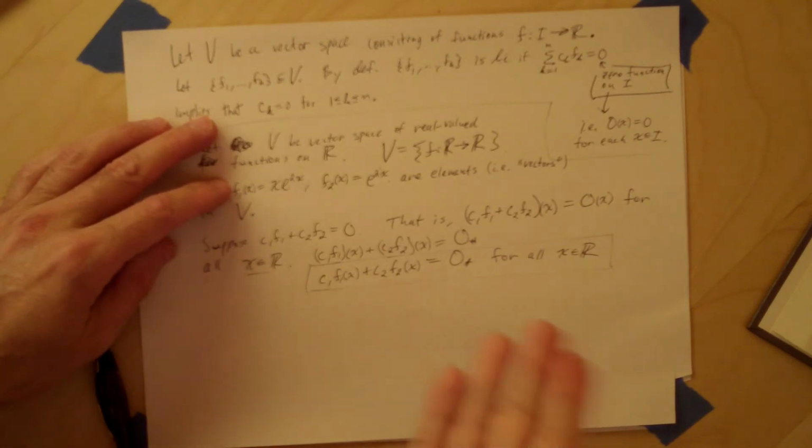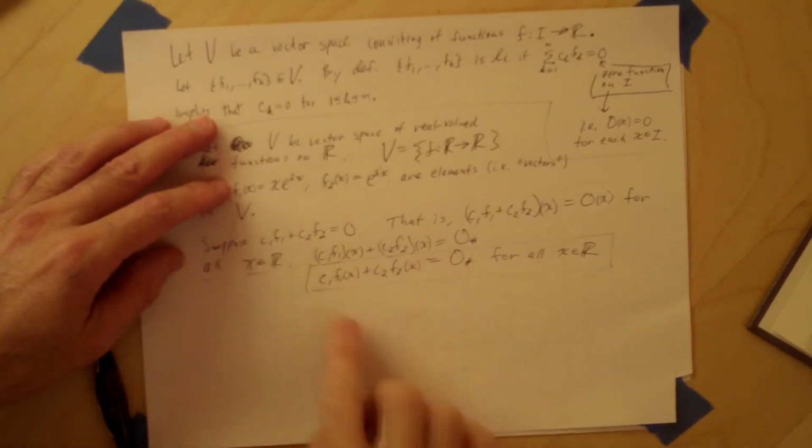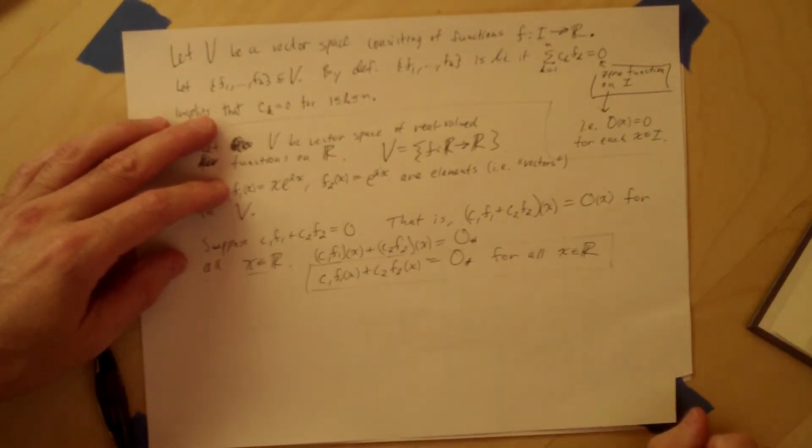Okay, is it possible for this to equal the number 0 for all x real, without resorting to having c1 and c2 both equal the number 0? Is there a way to do this?